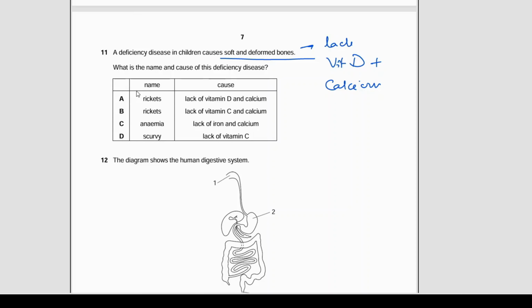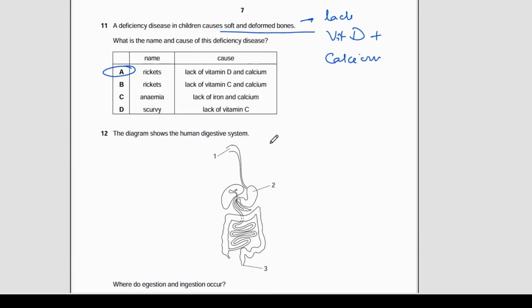So it's rickets. Vitamin C, mouth. No, not loss of breath. It's around your gums. You have bleeding gums and sores. Yes, that is scurvy. So it's A. Exactly. So bones need calcium and vitamin D.